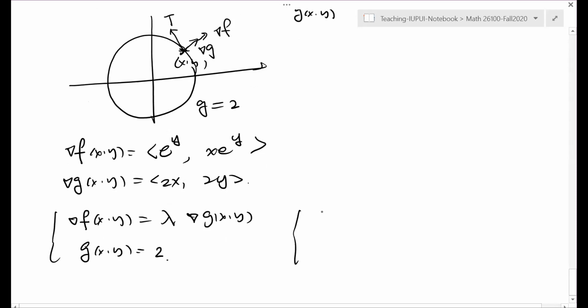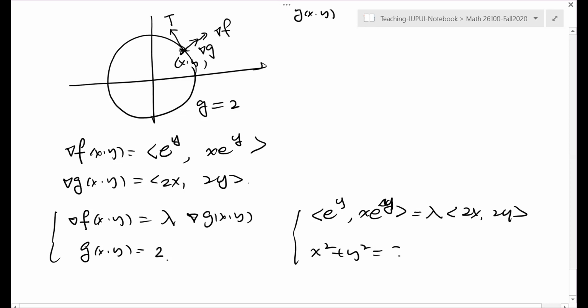So the gradient of f will be e to the y, x e to the negative y. So x times e to the y is going to be lambda times 2x, 2y, okay? And then x squared plus y squared equals 2.